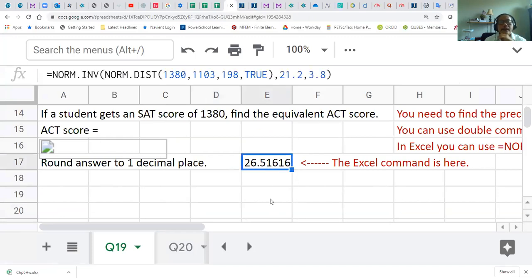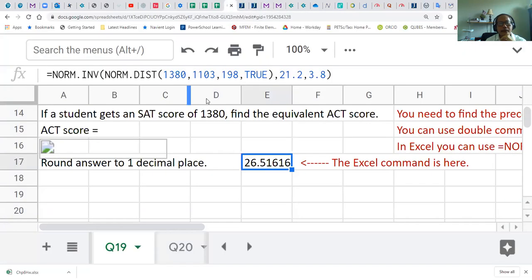So first you need to find the probability for the SAT with that number. And to find the equivalent, you need to use norm inverse, and then put the mean and the standard deviation for the ACT. So inside here, you need to put the SAT number.